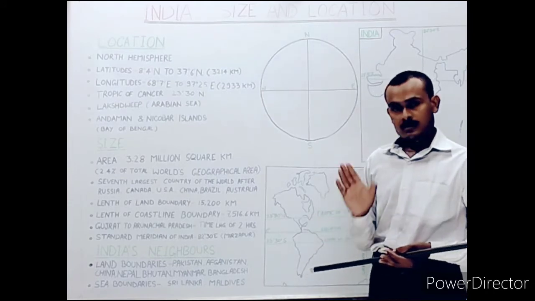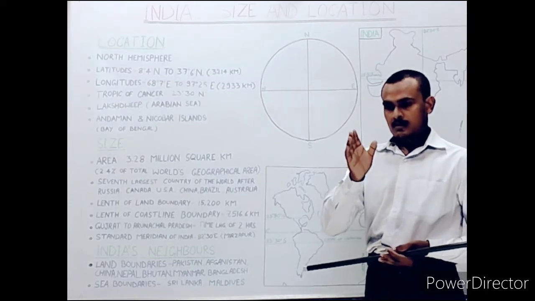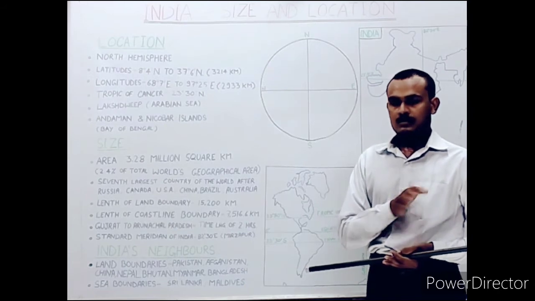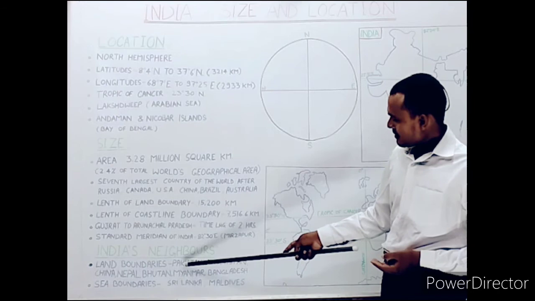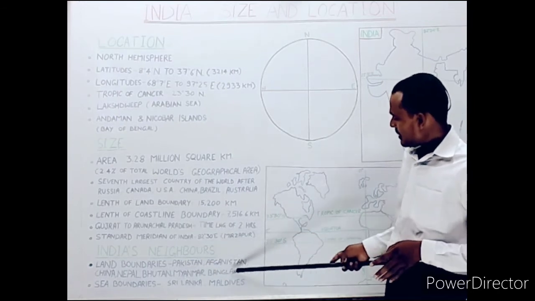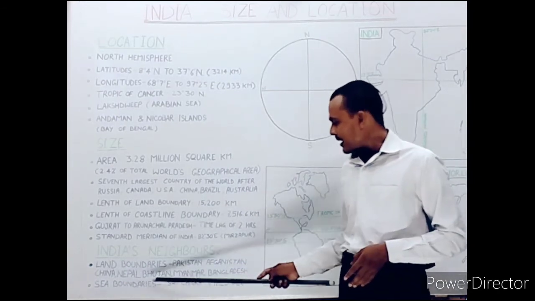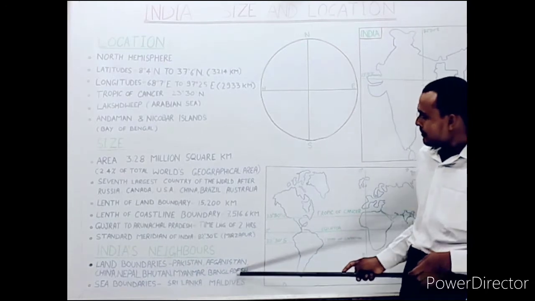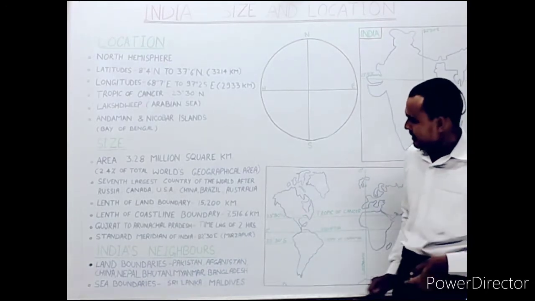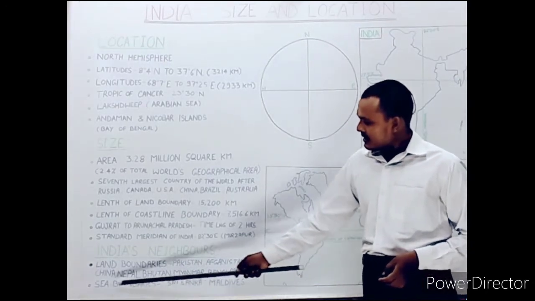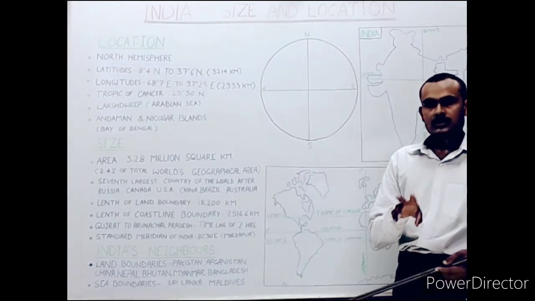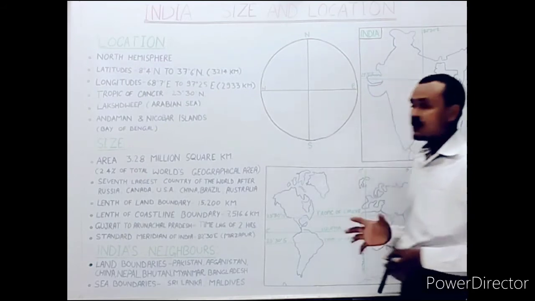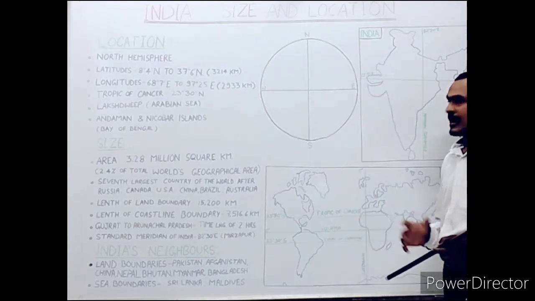The countries making land boundaries are Pakistan, Afghanistan, China, Nepal, Bhutan, Myanmar, Bangladesh. The sea boundary countries are Sri Lanka and Maldives. There are two sea boundary countries. Now we see in the map.